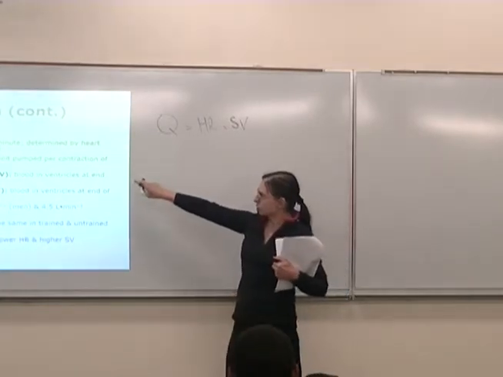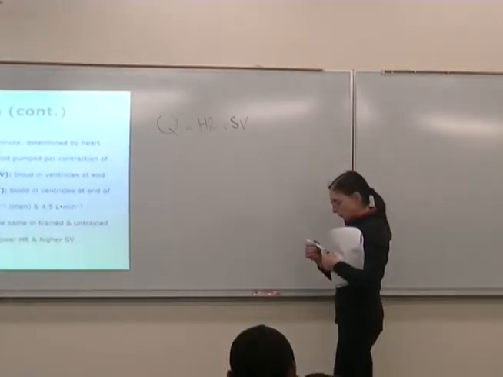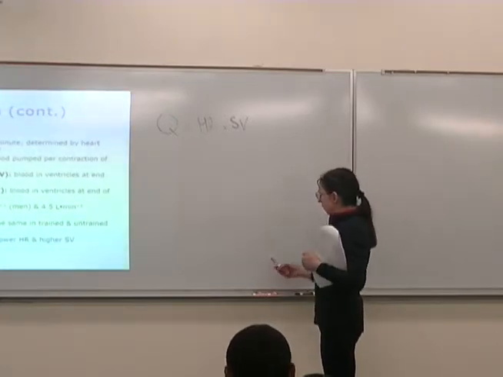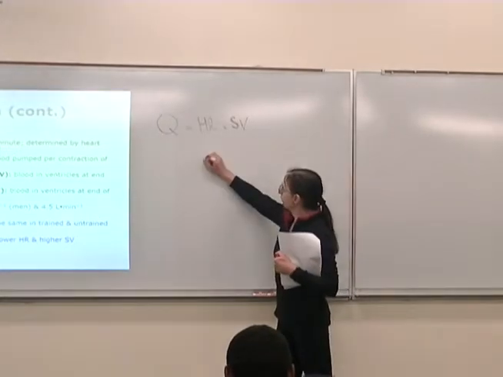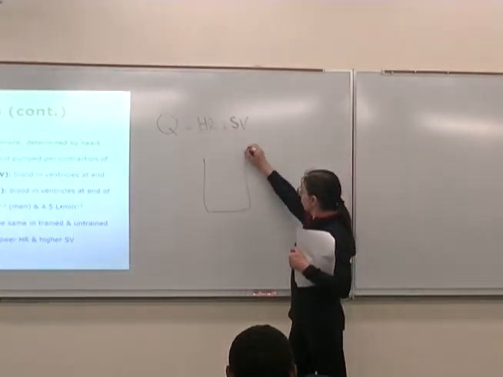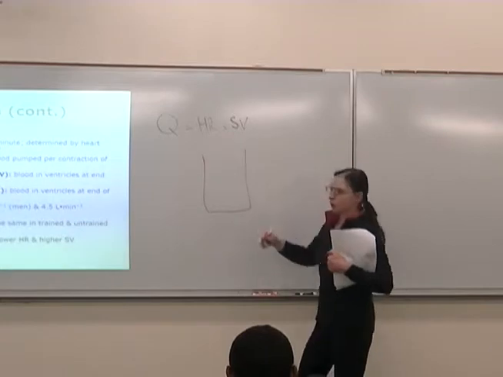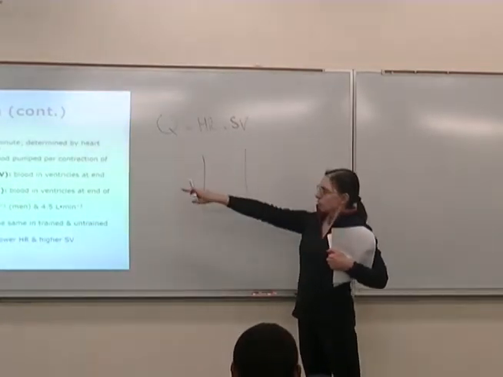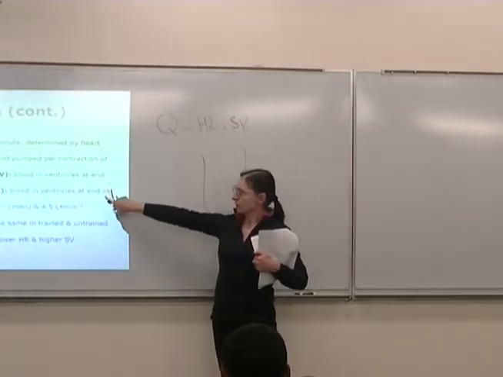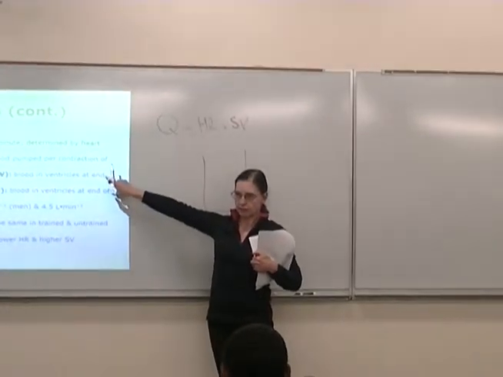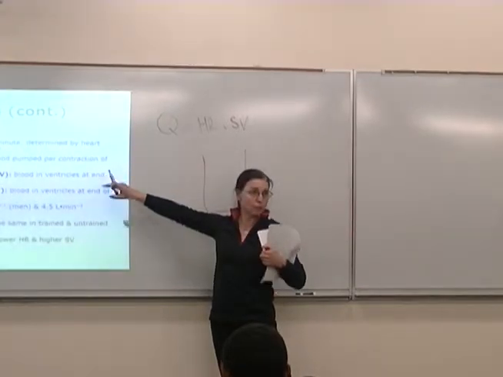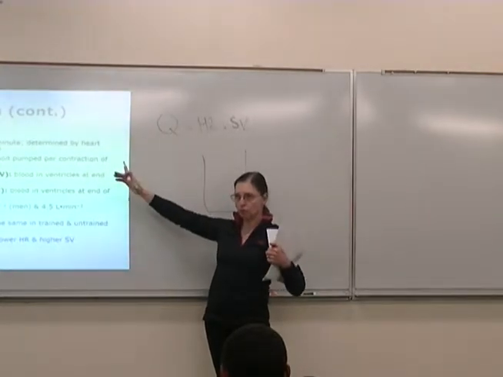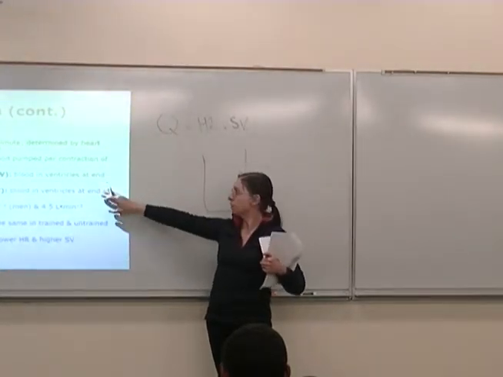And then the stroke volume, if you imagine the heart as a glass, if you look at the ventricle. Systole is the contraction phase, diastole is the relaxation phase. When we take blood pressure in lab, you've got systolic and diastolic blood pressure, 120 over 80.